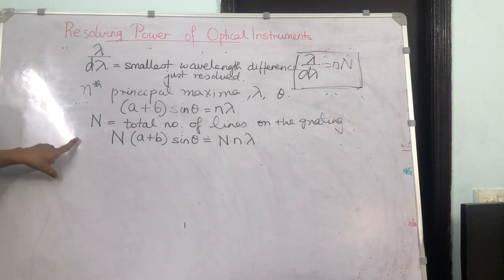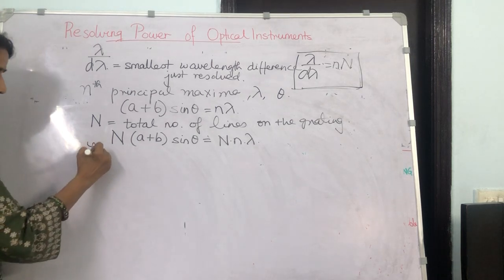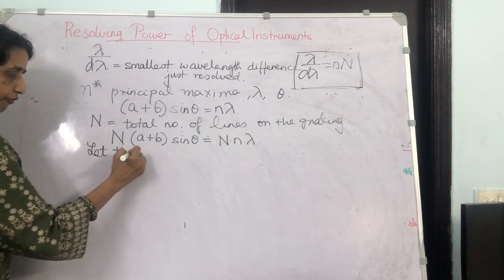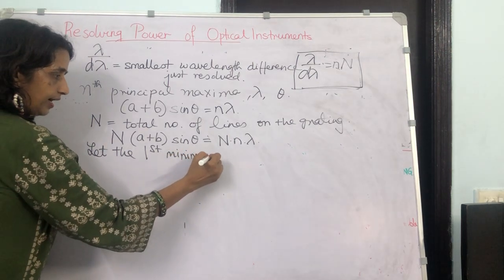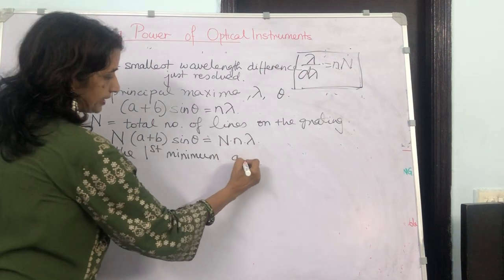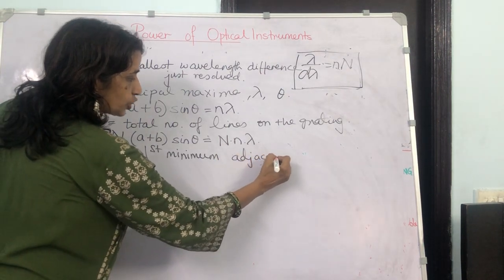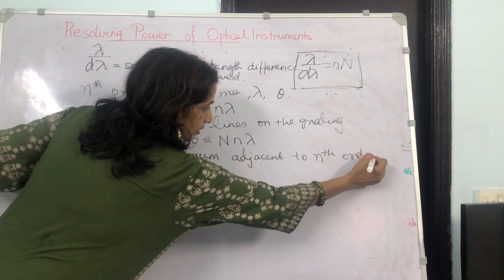Now we will put the Rayleigh criteria of resolution. For that, let the first minimum adjacent to the nth order maximum be considered.